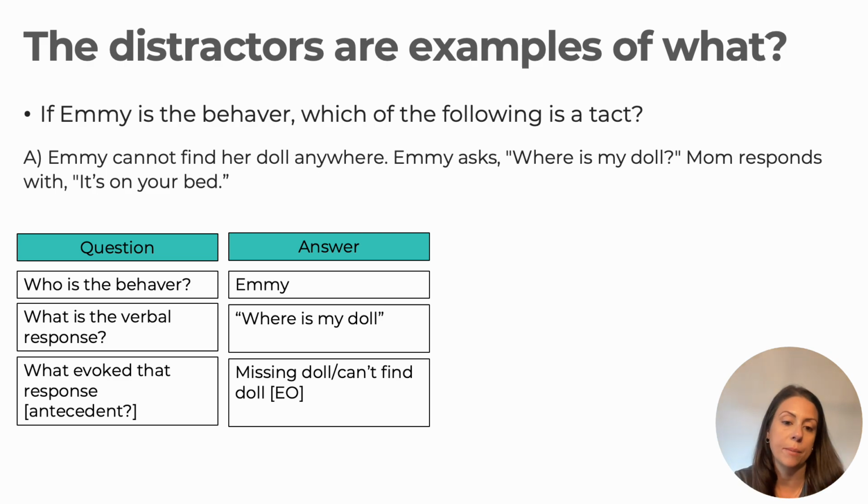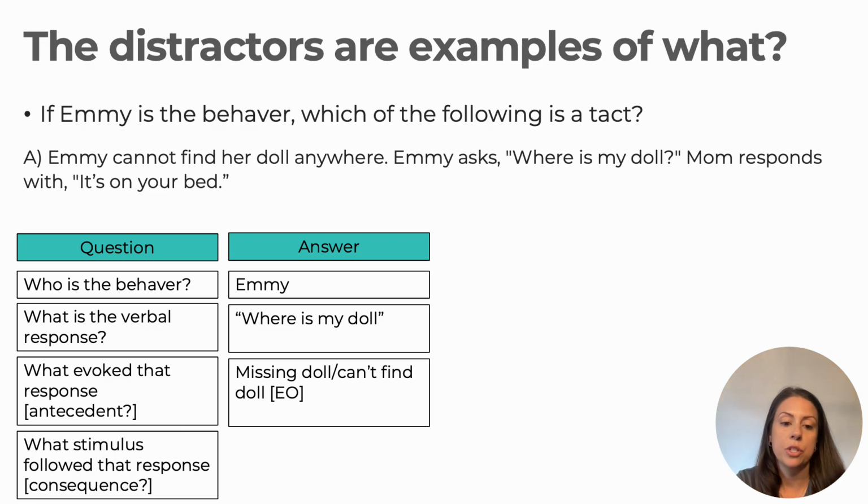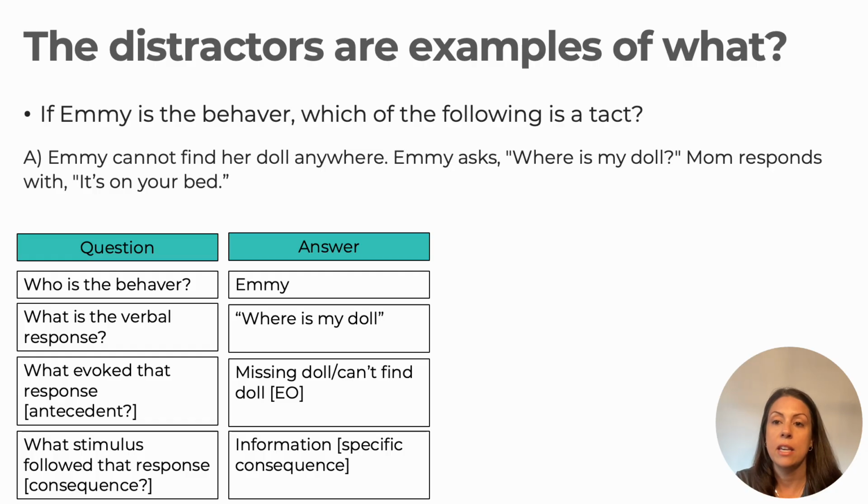There's a missing item. And the last question is related to the consequence, which is what stimulus followed that response? And in this case, the information, the specific consequence, right? Mom says it's on your bed. So that information functions as the consequence in this case.